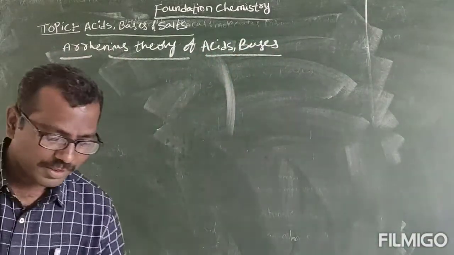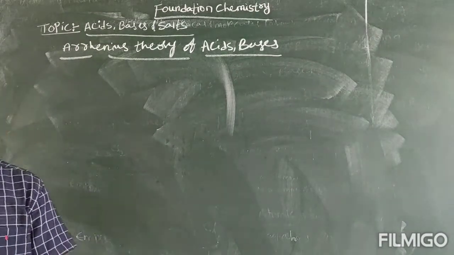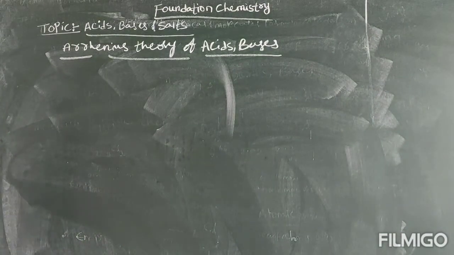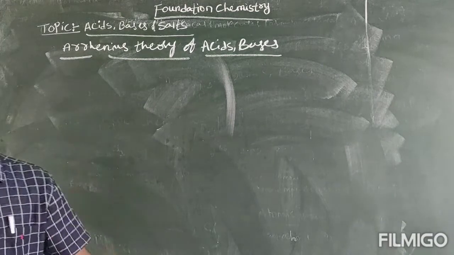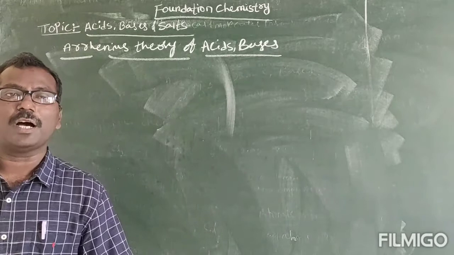In this lecture we totally concentrate on Arrhenius theory. So what does this Arrhenius theory mean? There are modifications also, but we will go straight to what we use in Arrhenius theory.